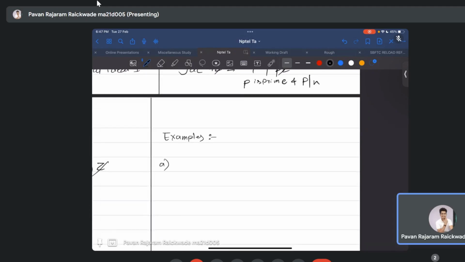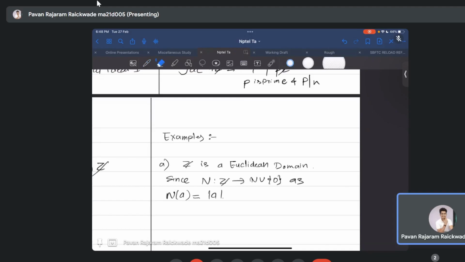First example: the set of all integers is a Euclidean domain, since you consider the norm n as any integer going to its modulus.